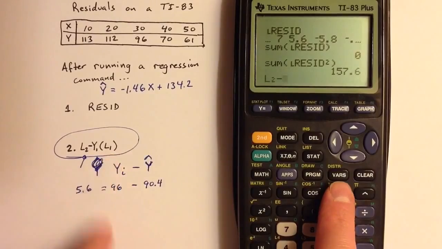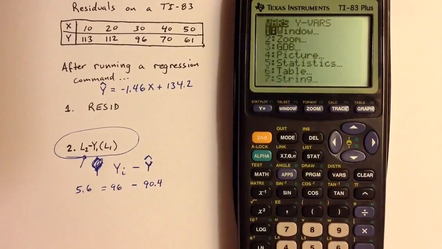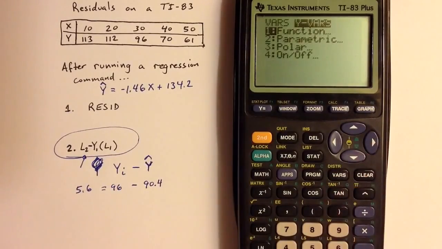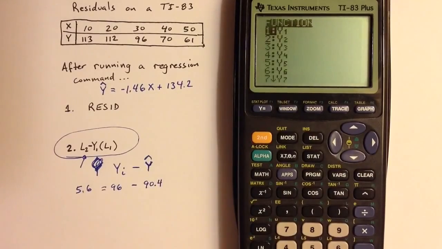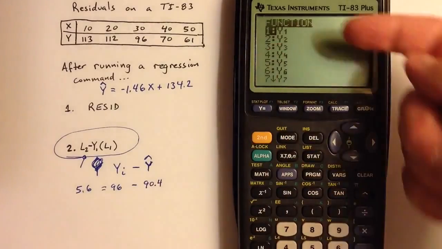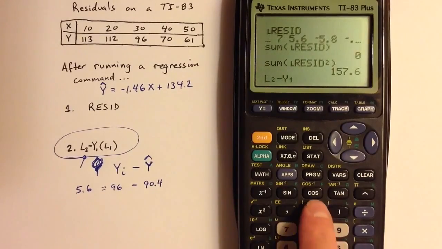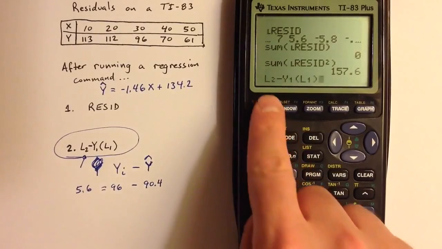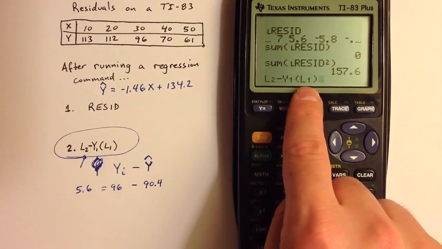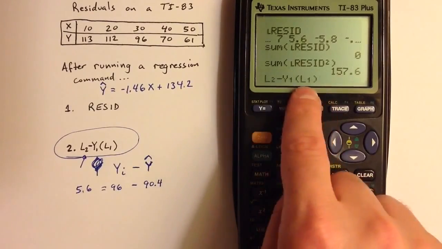The y1 function is under vars, and then under yvars, and then under function. So pressing enter, I get into the list of the y functions. So I can choose y1. If I add a parenthesis and then list 1, this will subtract the values from list 1 after we apply the function.